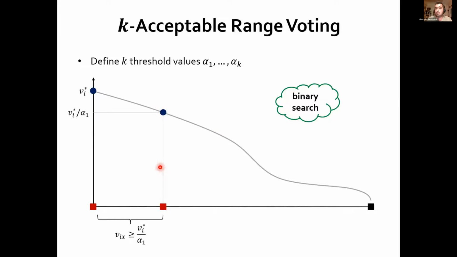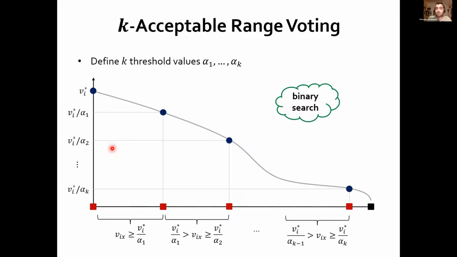So in log m queries, I can find at which position the value has dropped to v_i star over the first threshold. And of course, the first threshold doesn't have anything special. I can repeat the same thing for the second threshold, and so on. So I have identified a few points here. I have spent roughly K log m queries.